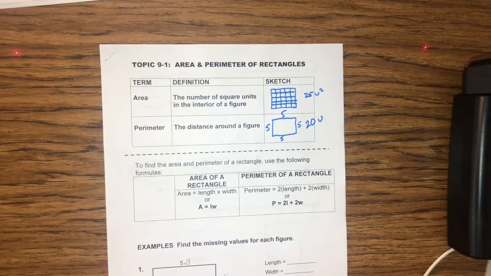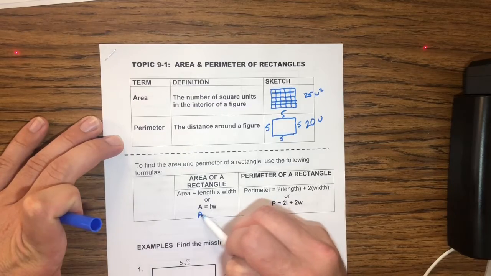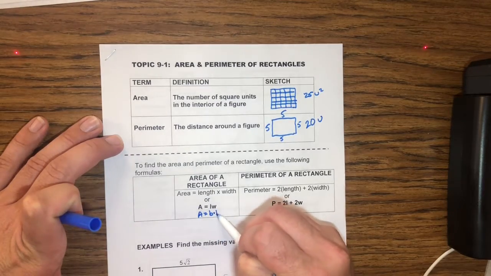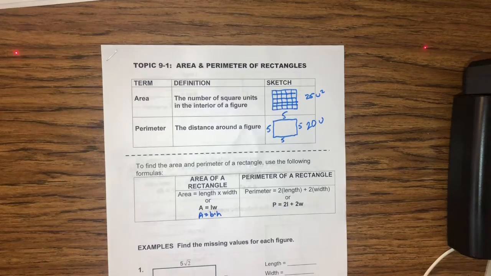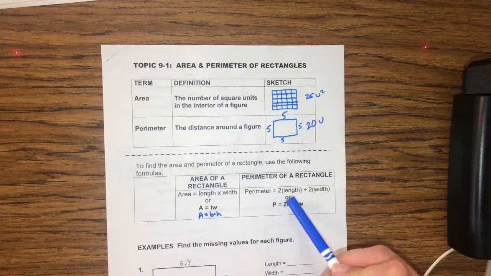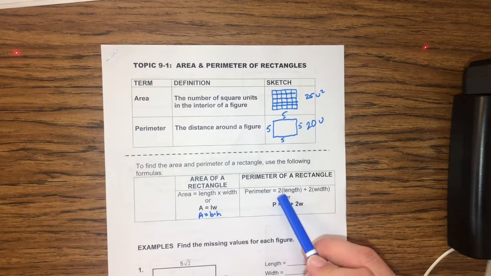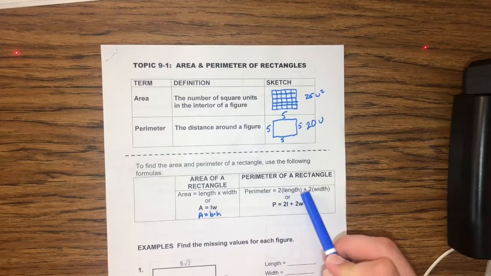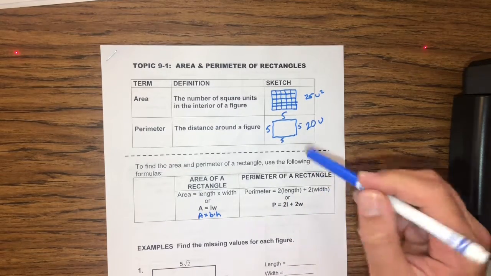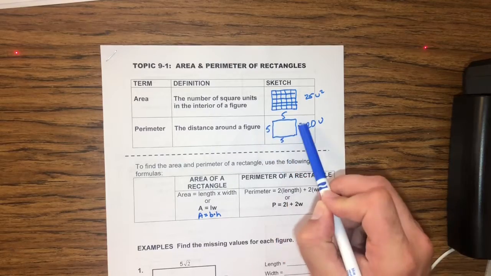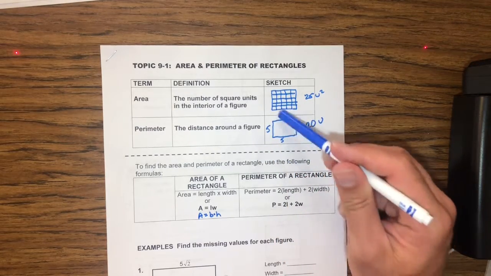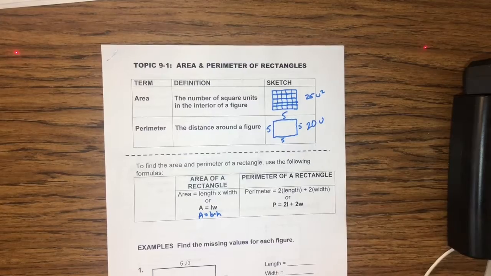Okay, you could also use the formula that area equals base times height, because in a rectangle, the base is the length and the width is the height. Okay, so you could use both of those.